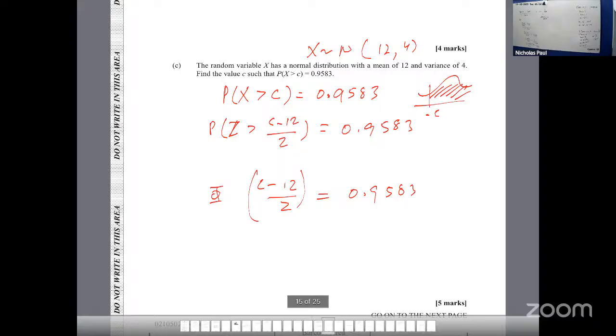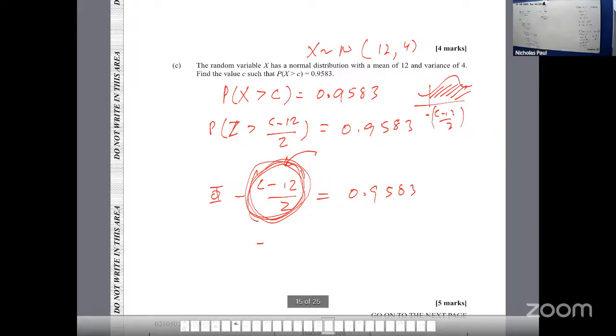Do I put the minus sign in front of the C or in front of the whole thing? In front of the whole thing. Okay? Because it's this entire value here that we're going to read off. That's okay? So I should write minus C minus 12 on 2.